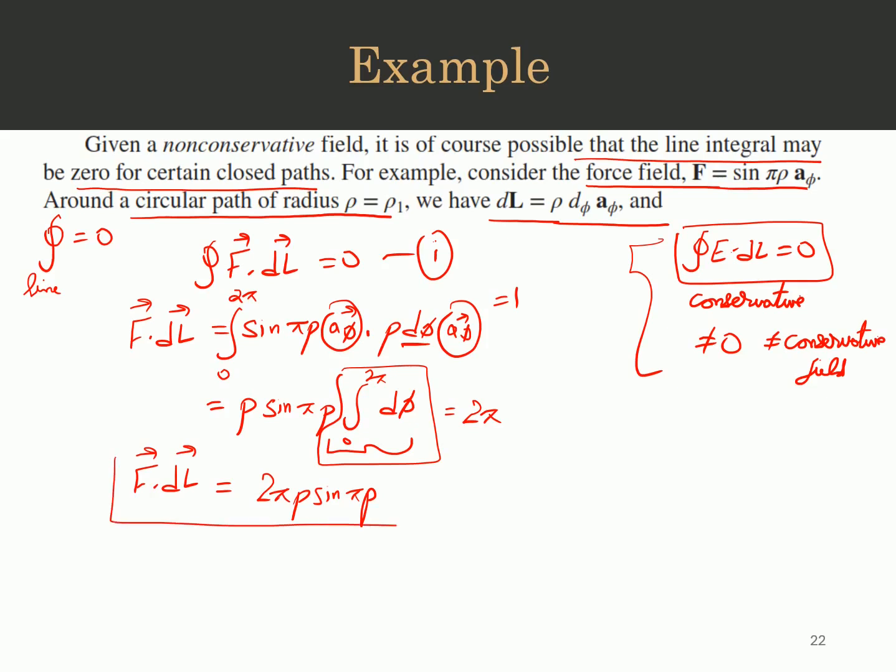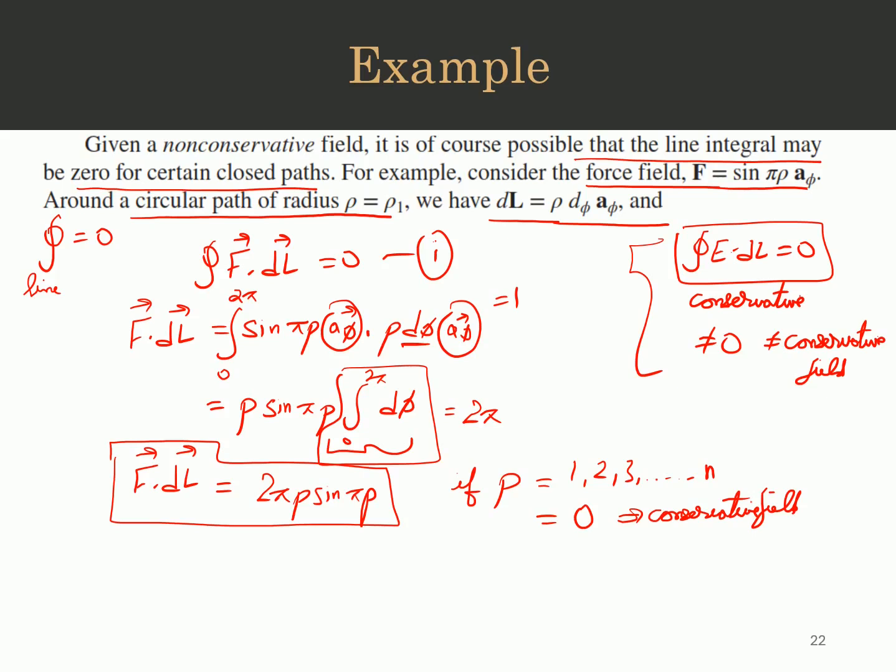Now once I have this final equation, let us see whether it is conservative or not. If we put the value of rho as a definite integral or a real number, let's say 1, 2, 3 to n, then the output will always be 0, which will indicate it's a conservative field. You can have a look into this.